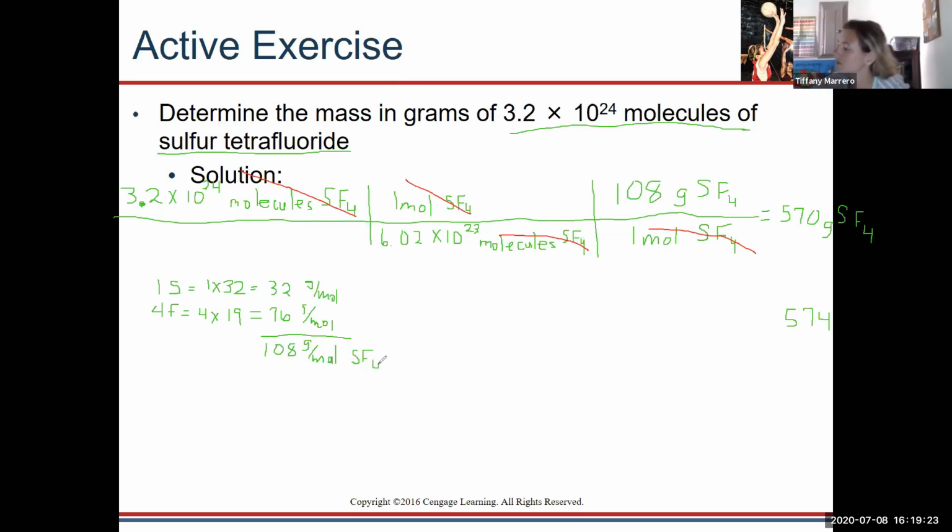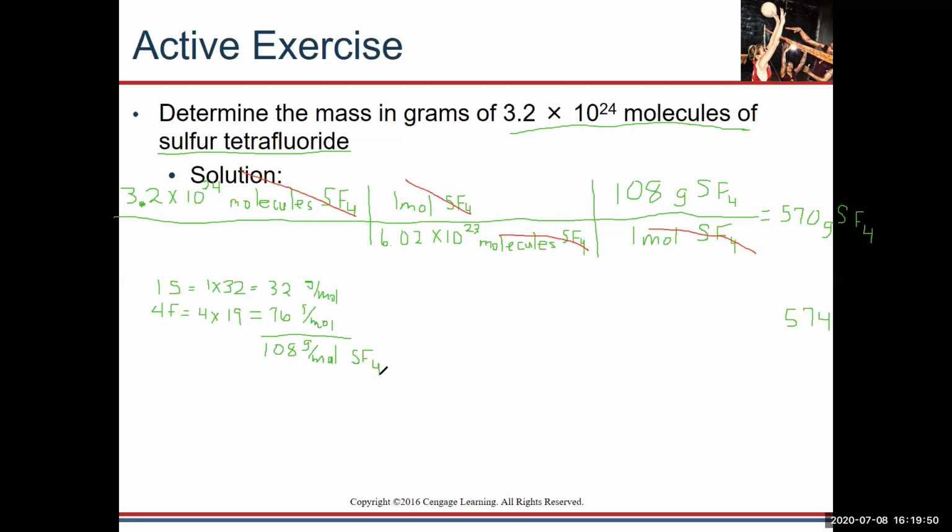Yeah, I'm still not getting this. You're not getting what? In your calculator? Are you just doing the 3.2 times and then the EE24? No, then you don't put times. All you need to do is put 3.2 EE24.